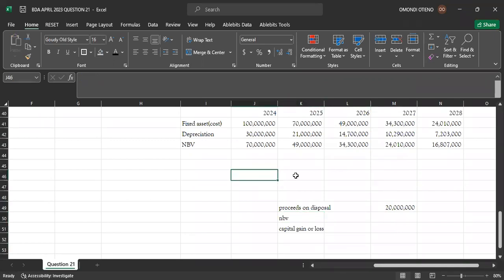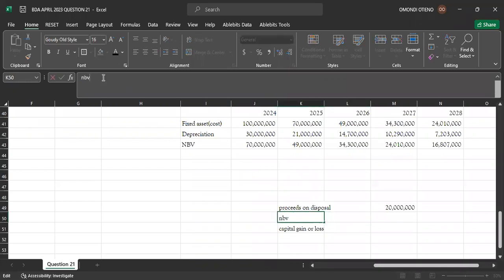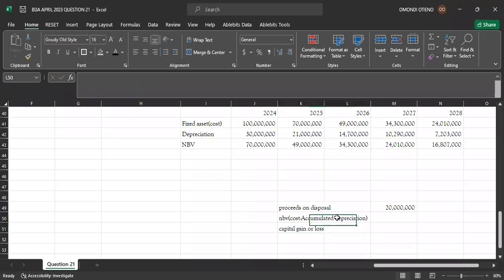Net book value, and we all know that net book value is equivalent to cost minus accumulated depreciation. So do we have the cost?